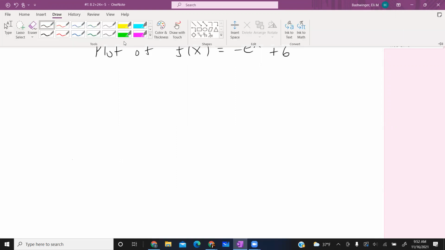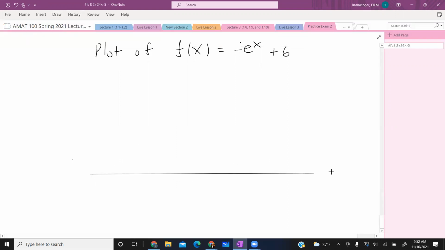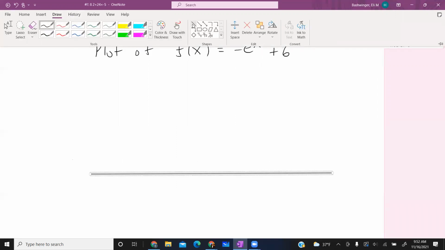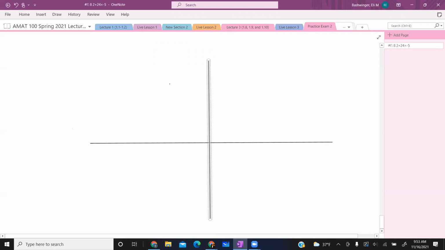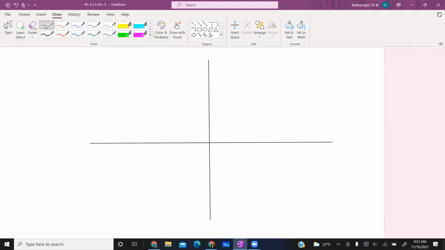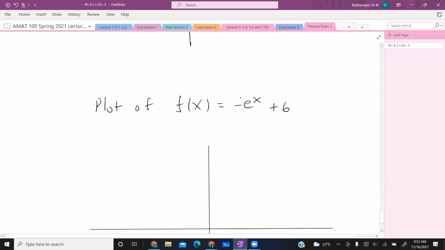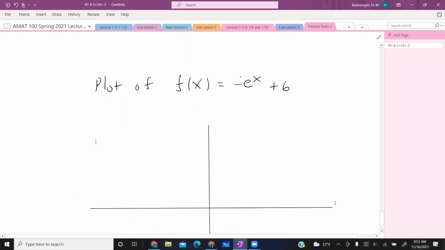Let's see. Maybe that would be better. Something like that. So, there we go. So the horizontal asymptote of e to the x is the x-axis, but we need to translate it up 6 units.